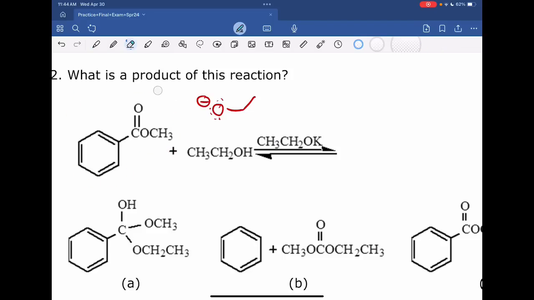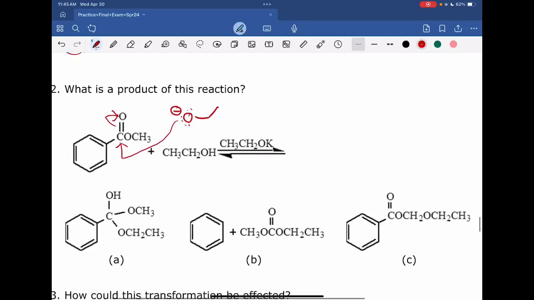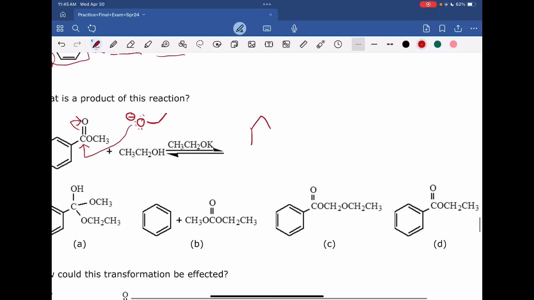The base is definitely not going to go for the O, not going to go for this carbon, not going to go for this H, not going to go for this O, or these H's. None of these would make sense. The only thing that makes sense is to attack the carbonyl. So we get this.